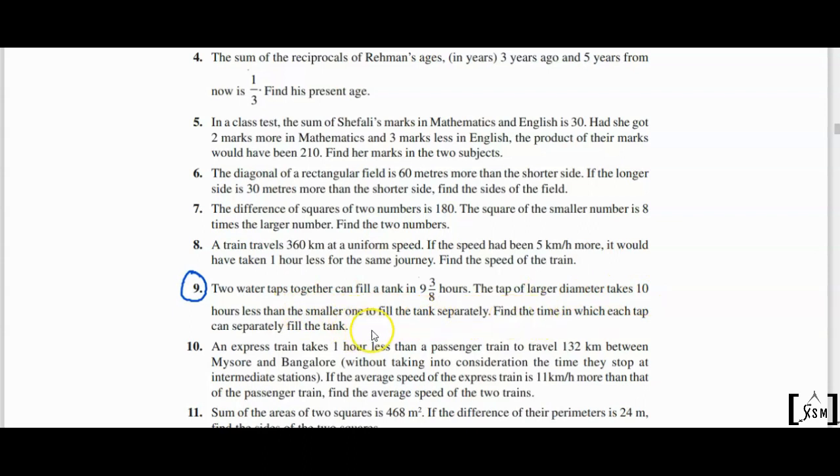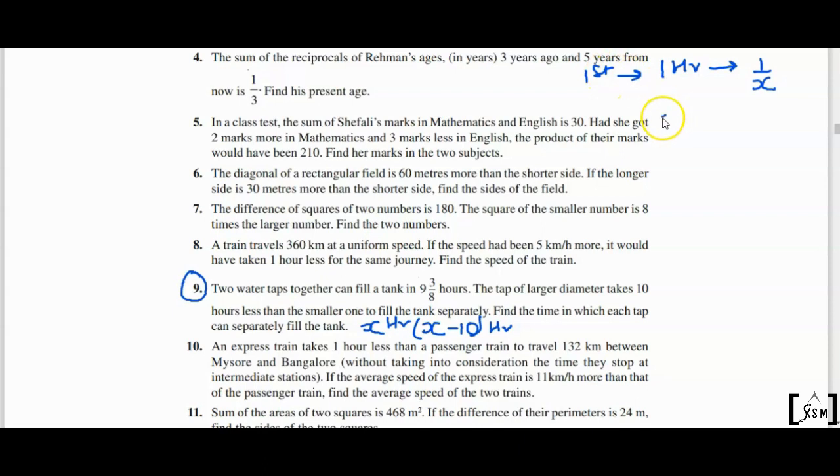Suppose the one tap takes x hours and the other one takes x minus 10. So this is their individual timings, right? Now if they are both working together, then how much is their contribution? The first tap, which takes x hours to fill, in 1 hour will fill 1 over x part of the tank, correct?